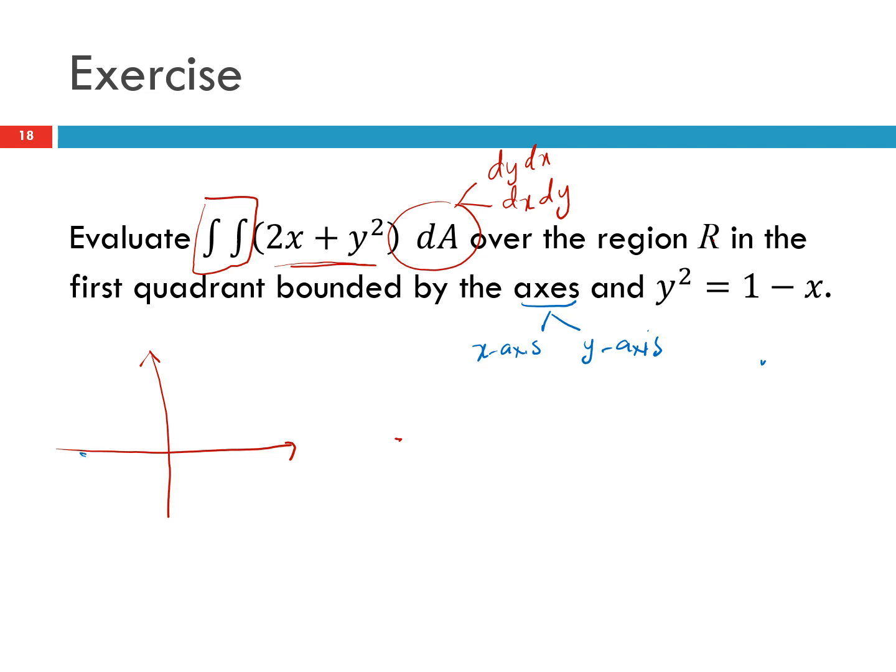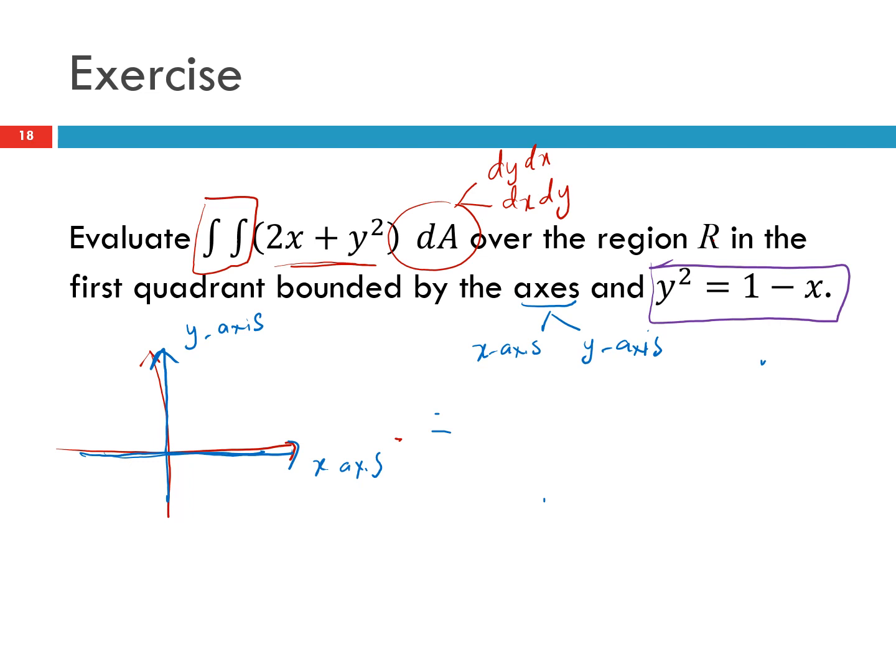So this is the x-axis and this is the y-axis. It's bounded with these two lines, and it's considered as in the first quadrant, and we have the equation y squared equal to 1 minus x.